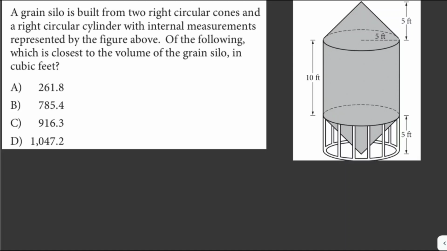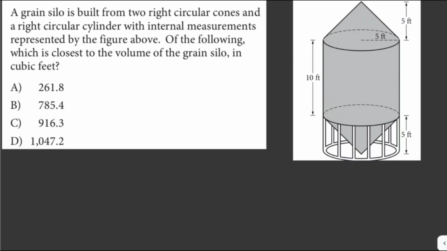So the volume of the grain silo can be solved by adding all the volumes of the solids of which it is composed. The grain silo is composed of two cones and this right circular cylinder. The cones here are identical.